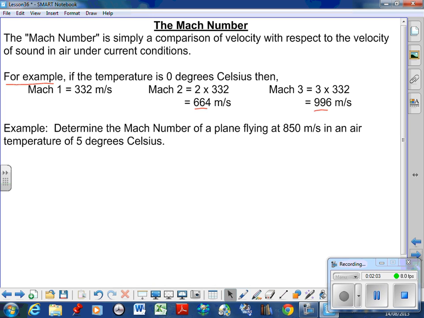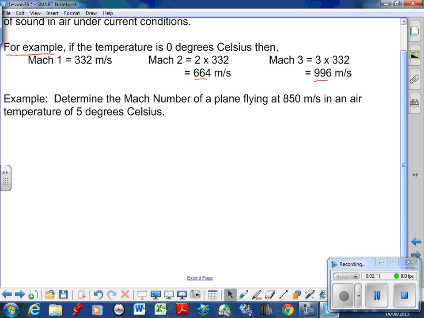So what you need to do is find that baseline. The Mach number would change depending on air temperature. So the example we have here: determine the Mach number of a plane flying 850 meters per second in an air temperature of 5 degrees. So what would that mean? It means that we need to calculate the baseline, or what is the speed of sound in air when it's 5 degrees.